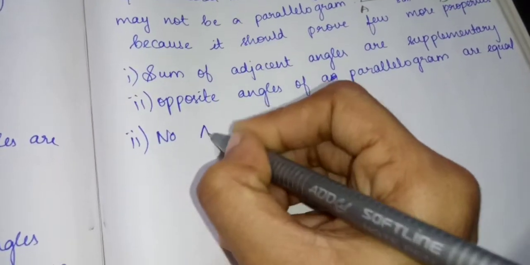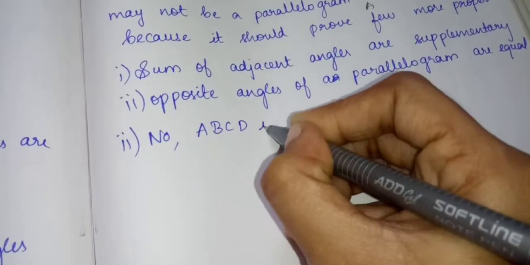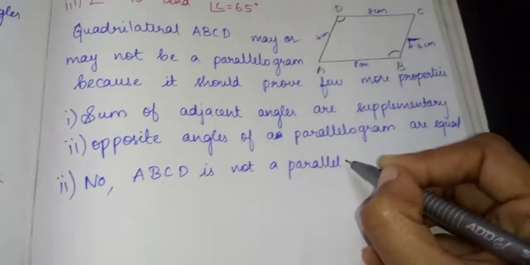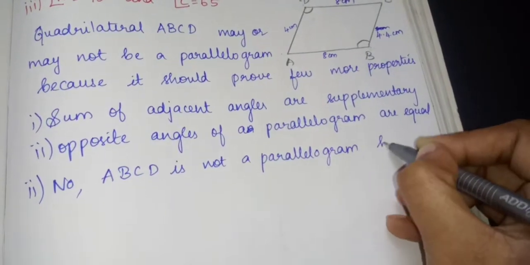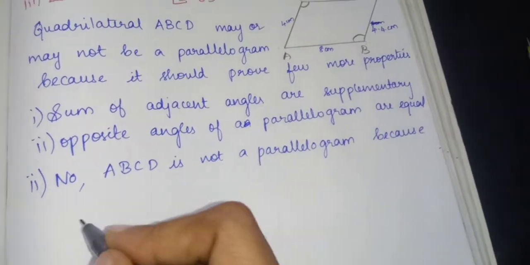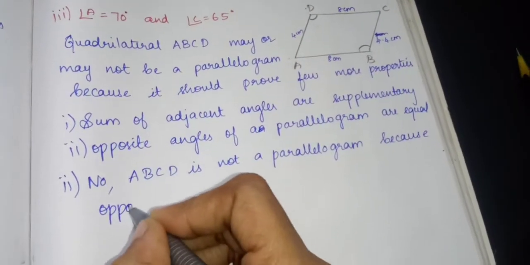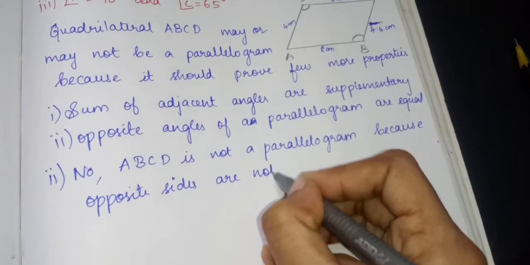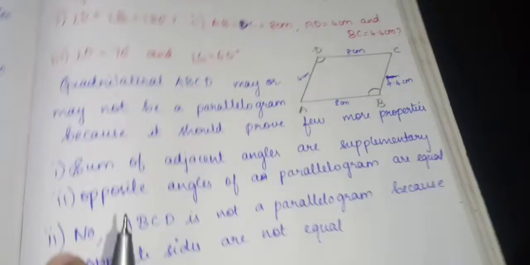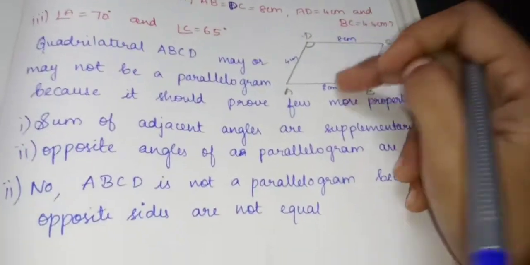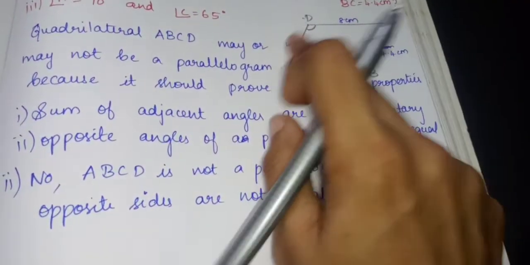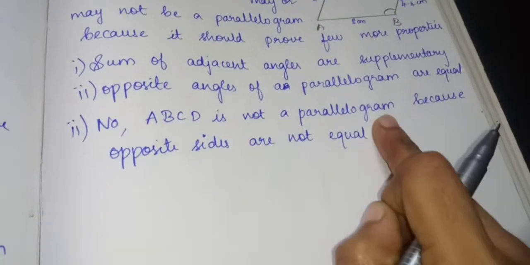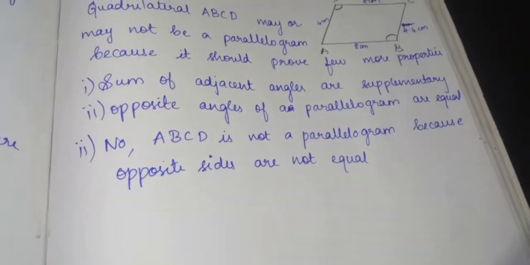No, ABCD is not a parallelogram, because opposite sides are not equal. Is it correct? Yes, opposite sides are not equal. By second condition we can say children, these two opposite sides are equal, but these two opposite sides are not equal. So no, ABCD is not a parallelogram because opposite sides are not equal.